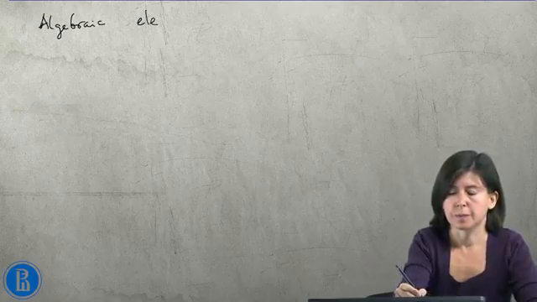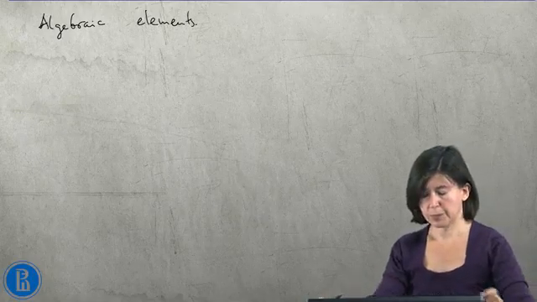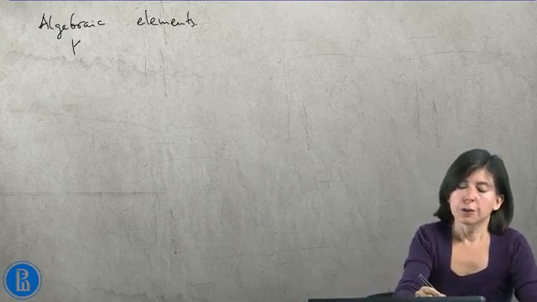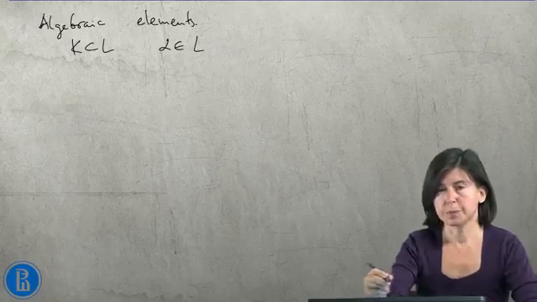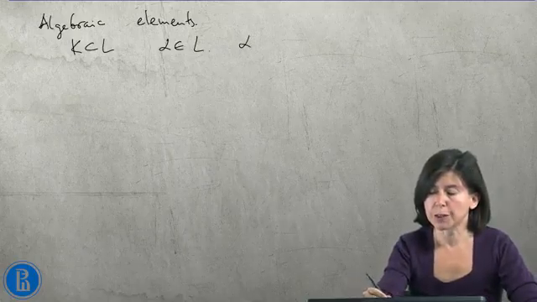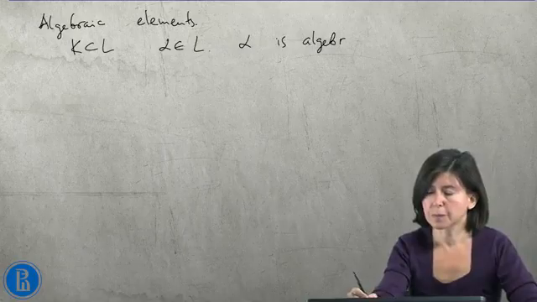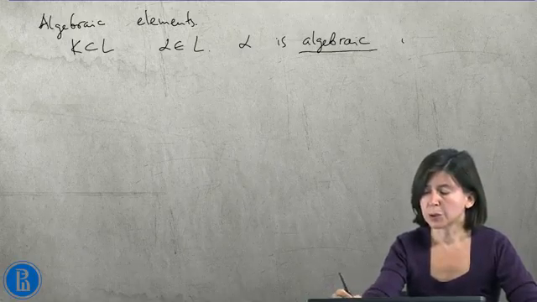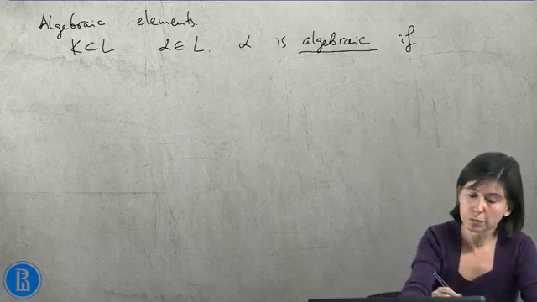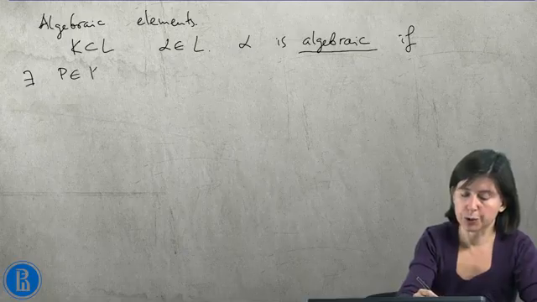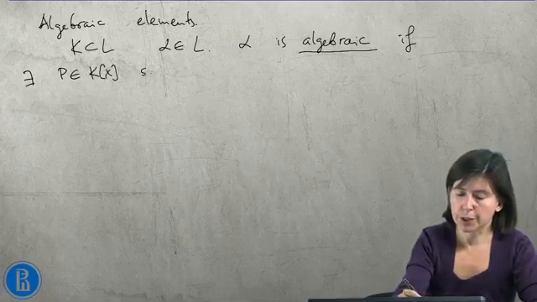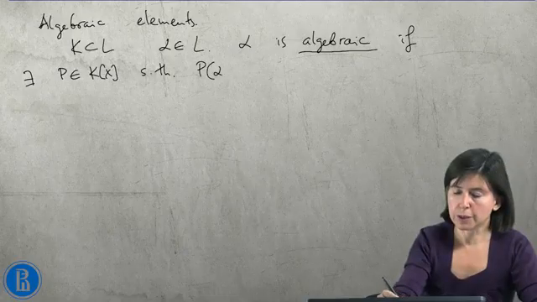Okay, now let me talk about algebraic elements. So I have a field extension, K in L, and I take alpha in L. I say that alpha is algebraic if there exists a P in K of X such that P of alpha is 0.